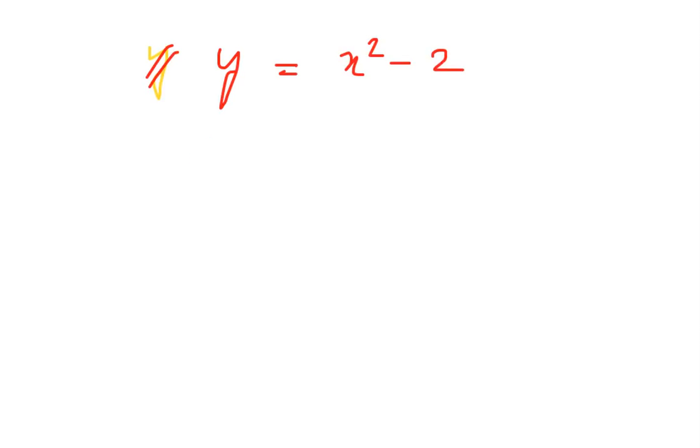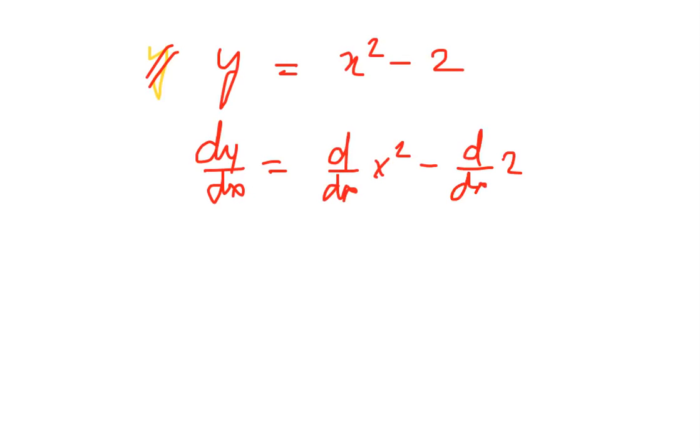So that will be dy on dx is equal to ddx of x square minus ddx of 2. The differentiation of x square will be 2x, minus differentiation of 2 will be 0. They said we need to find its derivative at x equals 10.